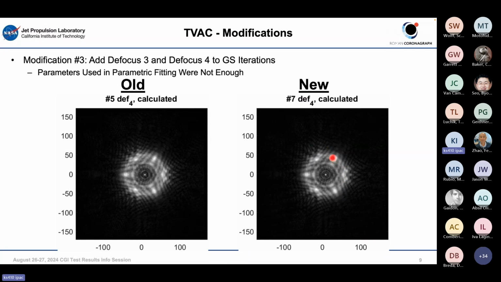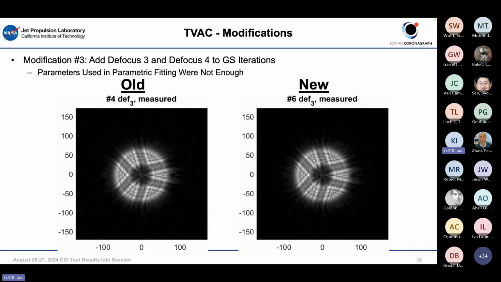So on the right is after this modification to the algorithm. This is defocus 4 before and after the modification, and this is defocus 3 before and after the modification. You can see much better agreement. So those were the 3 modifications to the phase retrieval algorithm that we learned from TVAC.